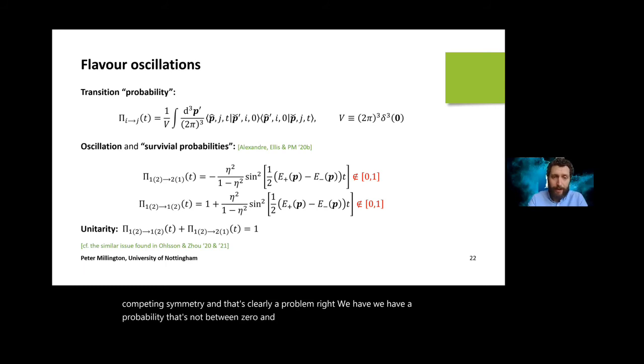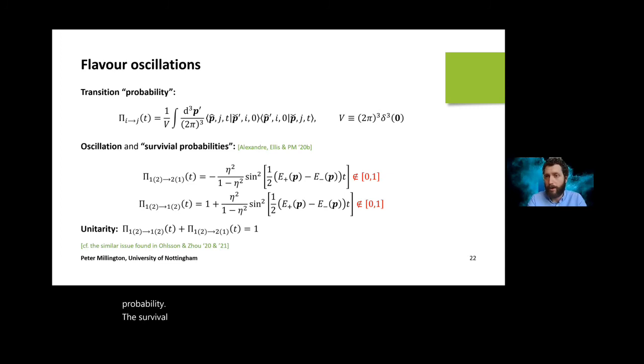And in fact, even before we get to the exceptional point, so even before we get to eta equals 1, I think it's something like eta bigger than 1 over square root of 2, then we already lose perturbative unitarity in the sense that the magnitude of these probabilities become larger than 1. And you can see that in the survival probability. The survival probability is larger than 1 for non-zero etas that are even far away from the exceptional point.